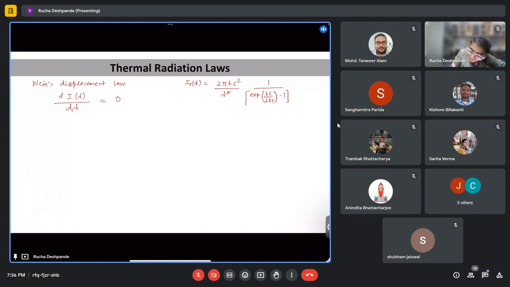So here, when we find the derivative of this expression, everything else is constant. This term has lambda and this has lambda. So we will apply the chain rule. So first function into derivation of second minus second function into derivation of first. So we have 2 pi h c square here.